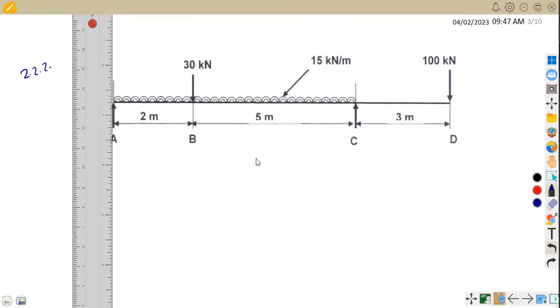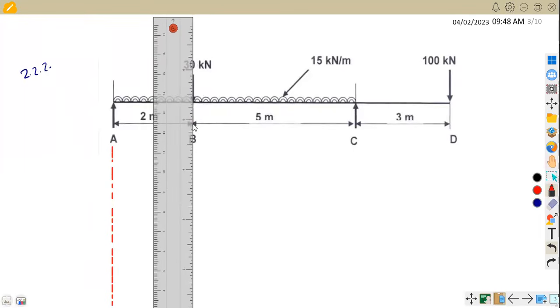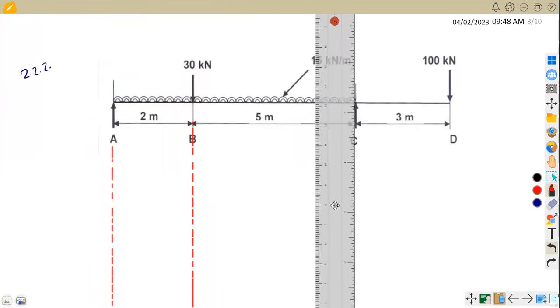We've got a major point at A. We also have a major point at B. At B here, I'm going to extend this one. Also at point C, we have a major point there.